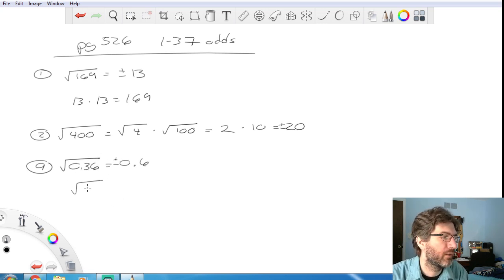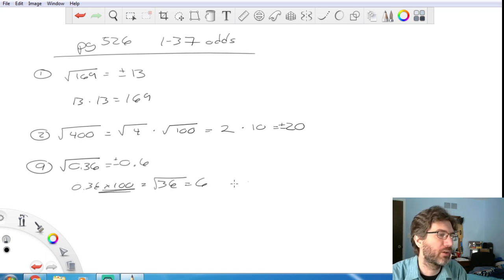But you could look at it as, hey, I'm going to take that radicand, multiply it by 100, and then take the square root of it, so that's going to equal 36. Then I'm going to take the square root of it, that's going to equal 6. And then because I multiplied by 100, I have to undo that. I'm going to divide by 100. Actually, that'll only give you point.